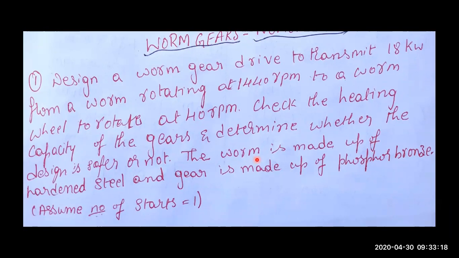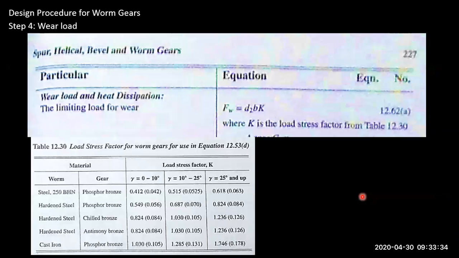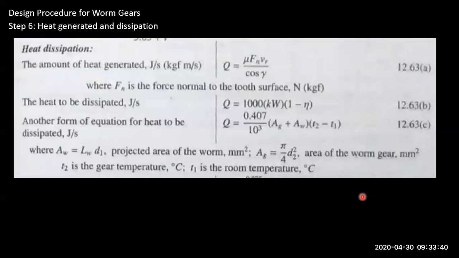Worm is made of hardened steel and gear is made of phosphor bronze. So two different materials are given for gear and worm. See, a gear is made of bronze usually, not the worm.